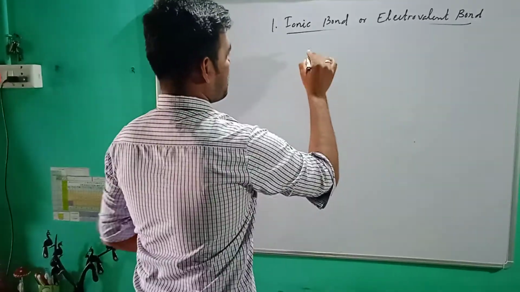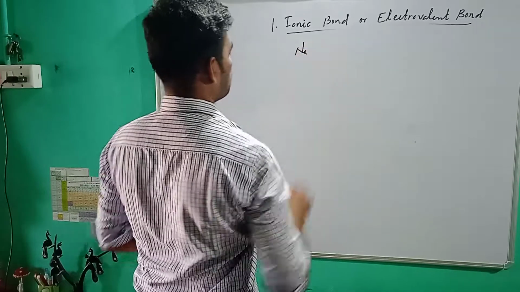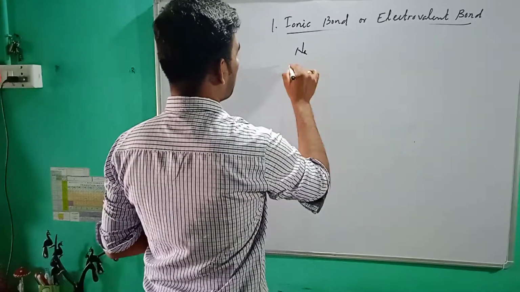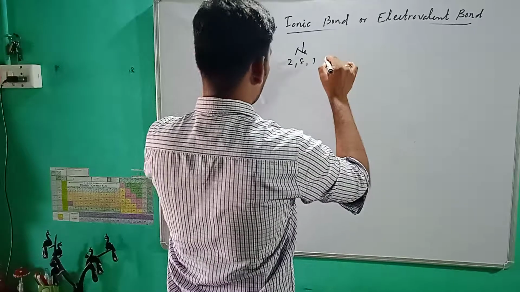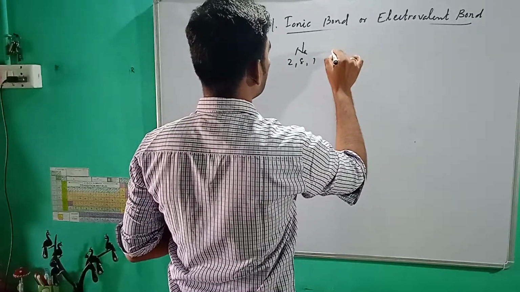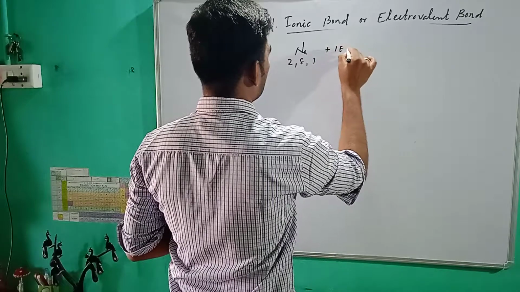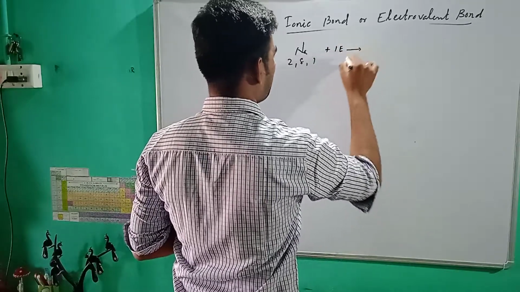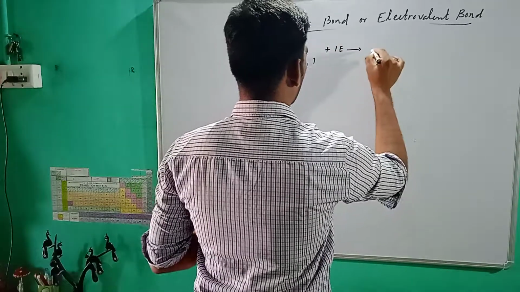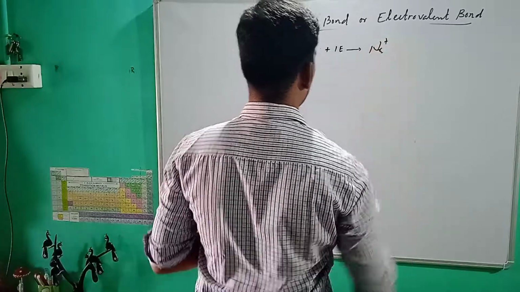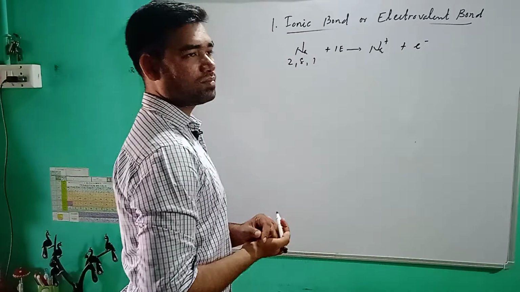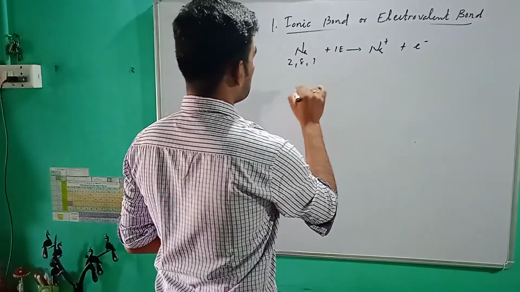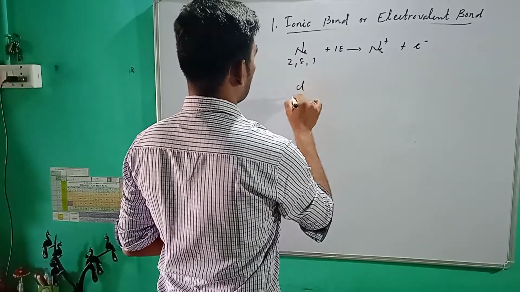So let me write it again clearly. Sodium has configuration 2, 8, 1. By accepting some energy, it releases 1 electron and becomes positively charged.